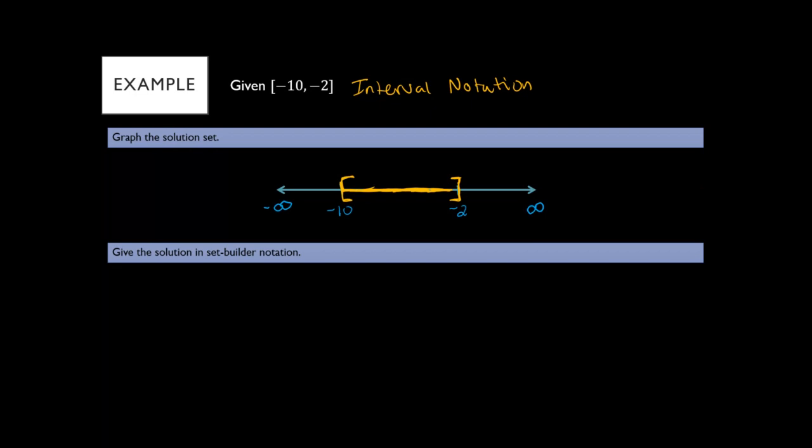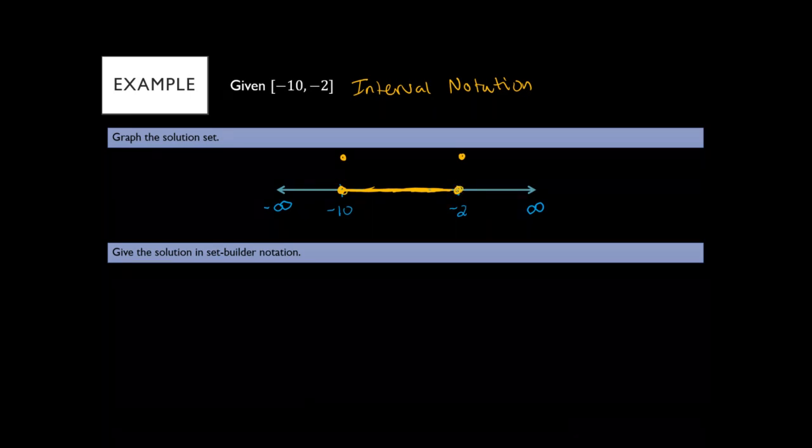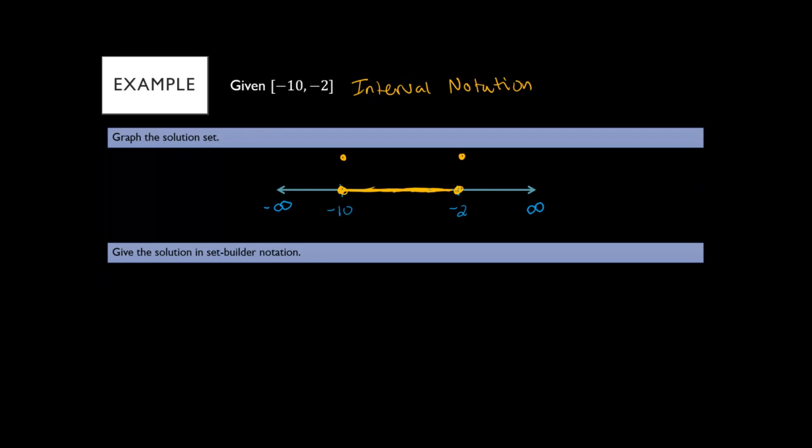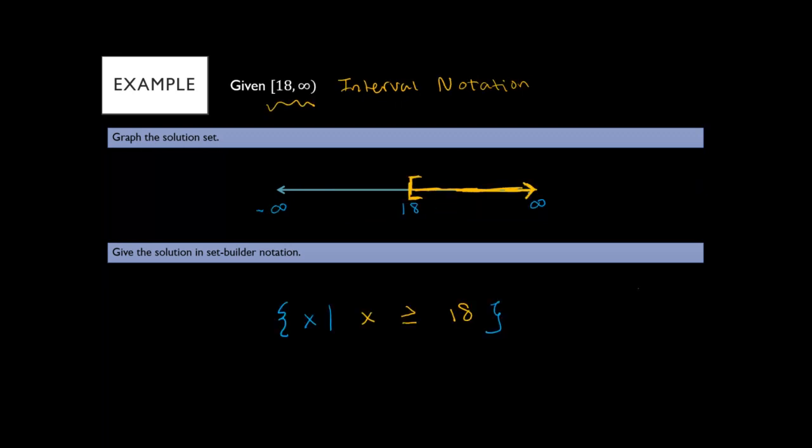Now, just as a side note, if you're given a problem and it doesn't have brackets, but it has closed or open circles, this would be closed. Sometimes you might get a problem where instead of brackets, you're asked to put closed dots. And you still put the dots first and then shade, but they mean the same thing. So you could have closed circles to represent this, or you would have brackets. And actually, I should go back here. Sometimes, if the bracket symbol isn't given, this would also be a closed dot.